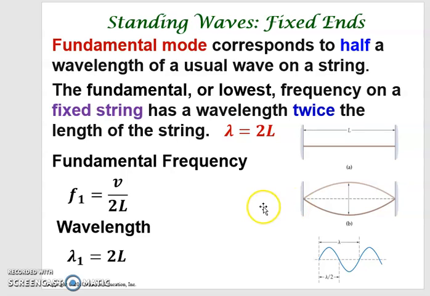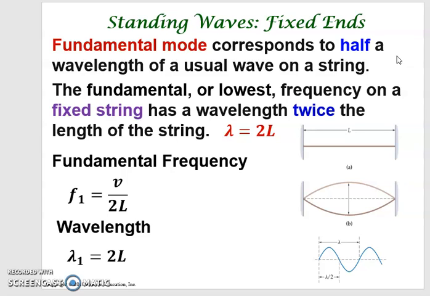Therefore, the fundamental mode is the scenario where you have only half of a wavelength, because you cannot produce a longer wavelength than that. So the fundamental mode corresponds to half of a wavelength for the fixed-end string.